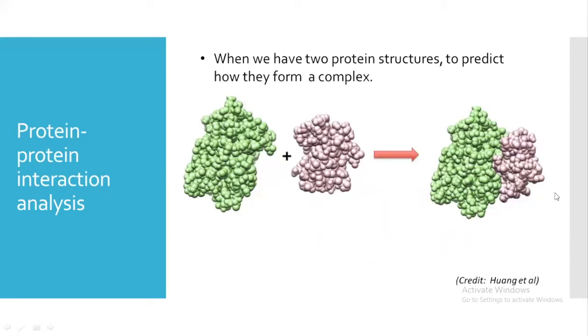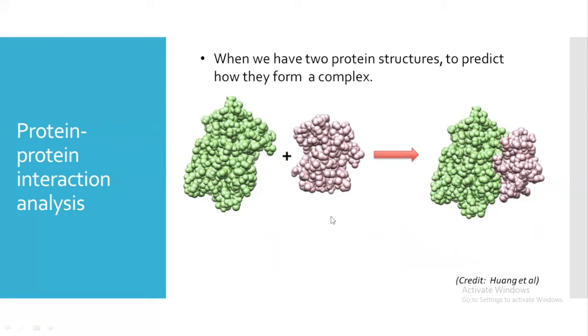Now, just like protein-ligand interaction, that is protein and small molecule interactions, we also have protein-protein interactions. Mostly whenever we talk about the blood coagulation mechanism, for example, we have a tissue factor, then we have factor 10. Whenever factor 10 combines with the tissue factor, it becomes factor 10A, which is the activated form, and that leads to the activation of the extrinsic pathway of the coagulation mechanism.